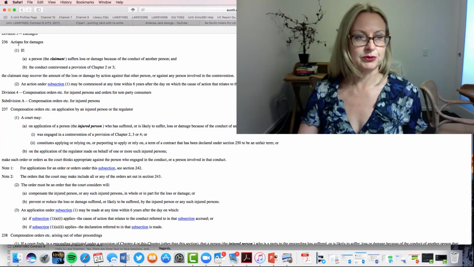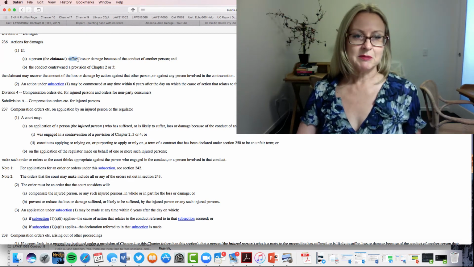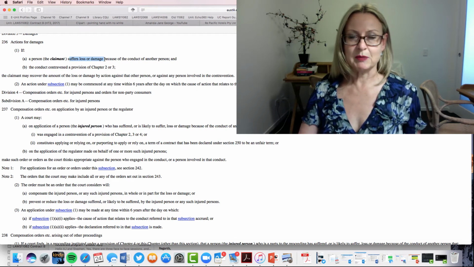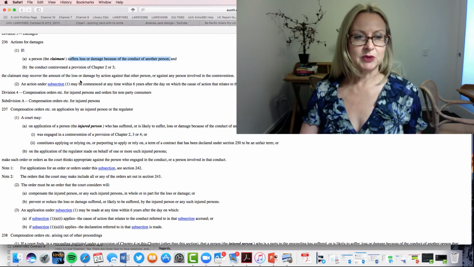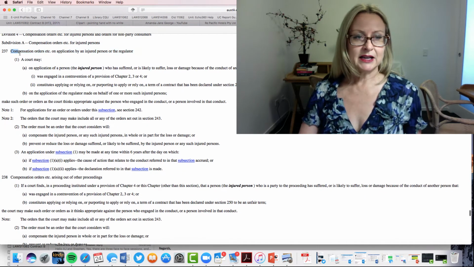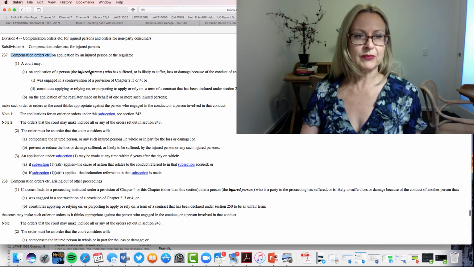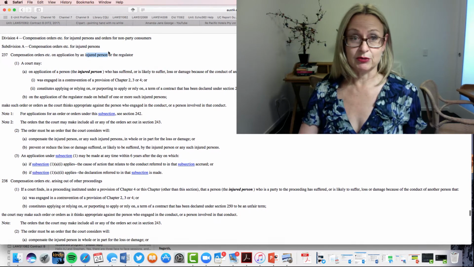So under Section 236, you can see here actions for damages, and under 236, the claimant has to have actually suffered loss or damage because of that misleading or deceptive conduct by the representor. Now, this is to be contrasted with Section 237. You can get compensation orders under Section 237 on application by the representee, or in fact the regulator.